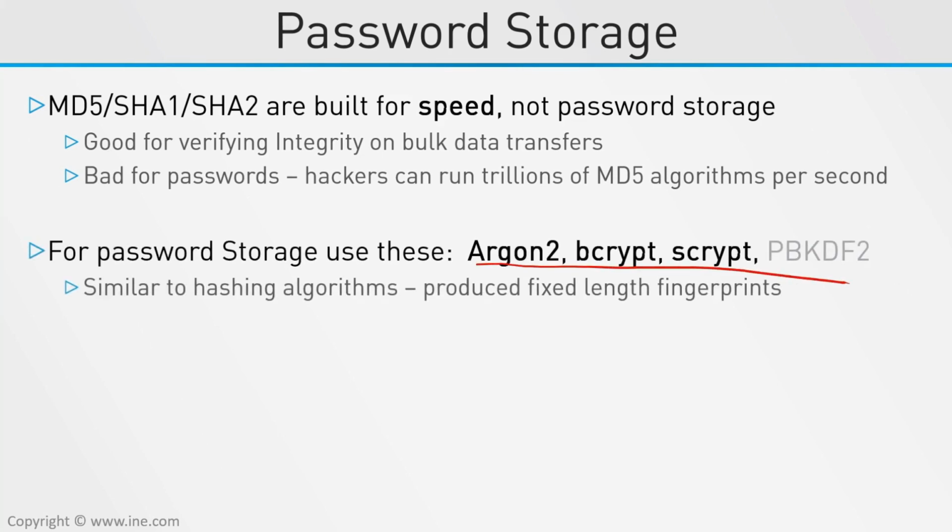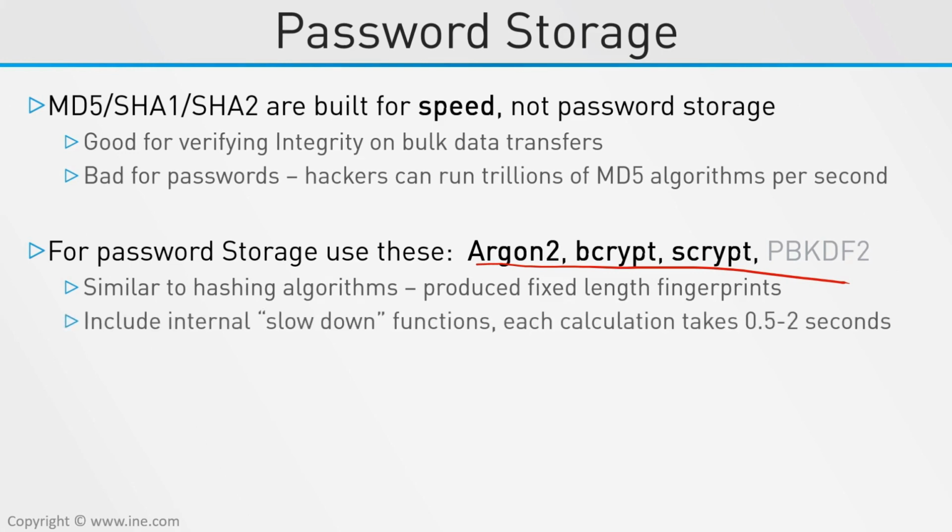These work the exact same way as a hashing algorithm, which is to say they produce a fixed-length fingerprint of the original content that you hashed, except these include an internal delay or an internal slowdown function, which means you can tune these to take up to a second for every single calculation. Now when a user is logging on, that 1 second it takes to validate that they have the right password, that's not a big deal.